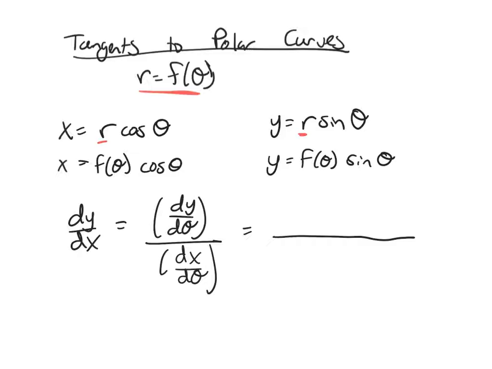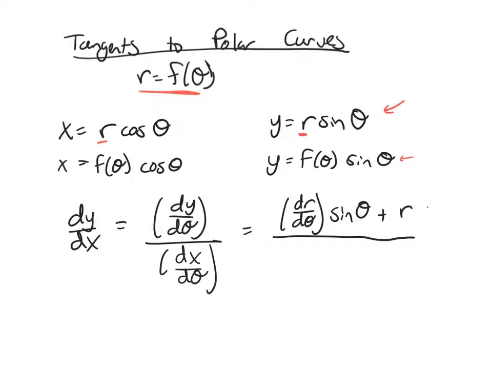So we're going to look at our y equation here, and we're going to want to take the derivative. Well, we have to use the product rule, because there are thetas in two different places. What would the product rule tell me? It would be dr/d theta, take the derivative of the first, leave the second alone, and then take the derivative of the second.